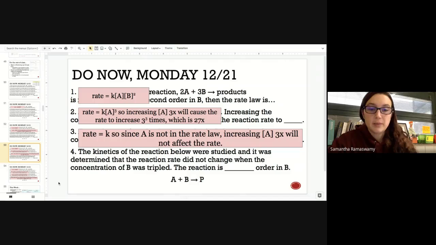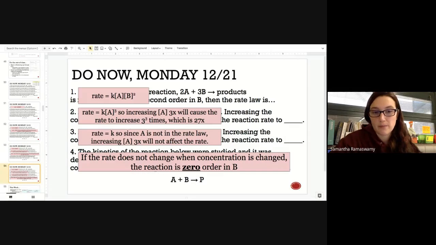And then finally, number 4, the kinetics of the reaction below was studied. It was determined that the reaction rate did not change when the concentration of B was tripled. The reaction is what order in B? If the rate did not change when B was tripled, that means the rate does not depend on the concentration of B. So it's 0 order.